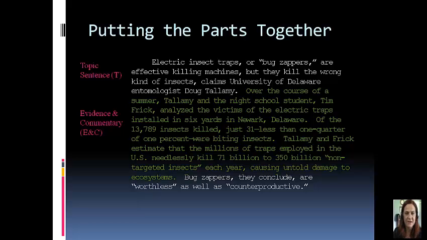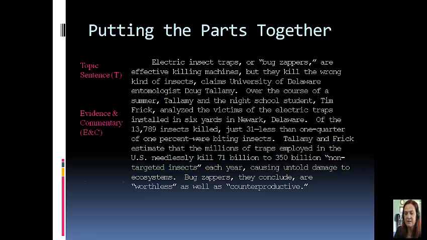Okay, so they figured out what type they were. So we have them telling their experience and example, giving us statistics. And then the last part, it's estimated that millions of traps employed in the U.S. needlessly kill and so on. But that goes to show where their head is at, and that's how they are supporting their main idea. That is their elaboration or their commentary.